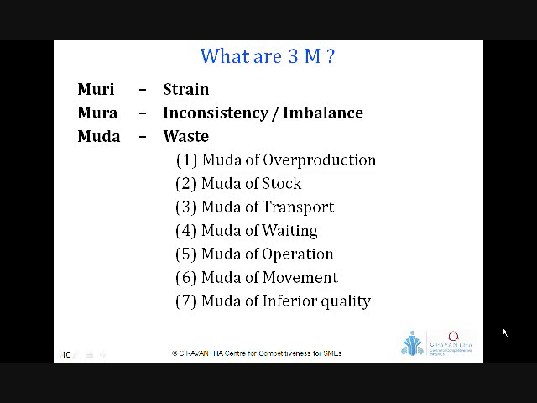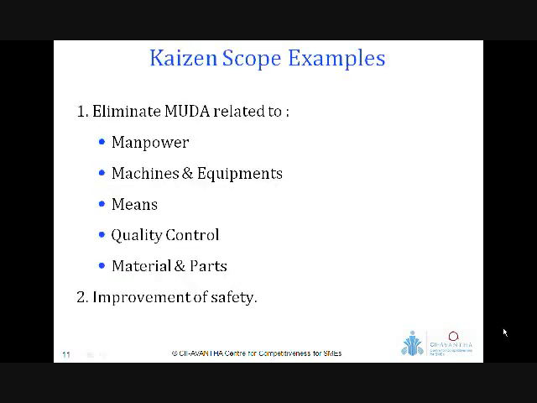Now let's see what the scope areas for Kaizen activity are in a business process. Kaizen should be used to eliminate Muda related to manpower, machine and equipment, quality control and materials. It should be used for improvement in safety inside premises where business processes are performed.